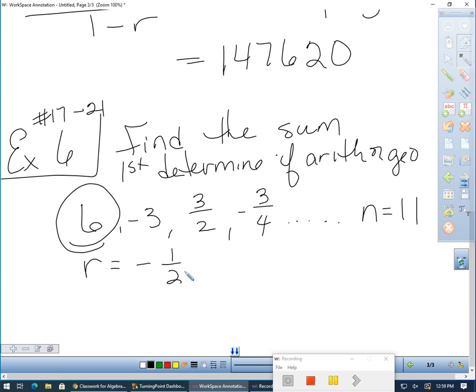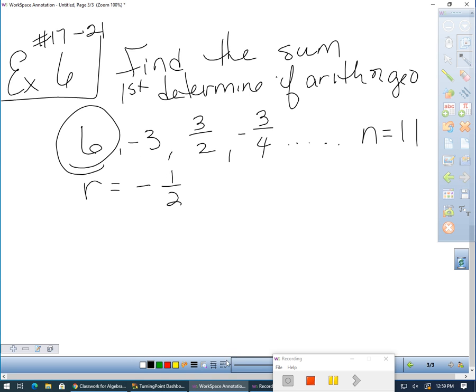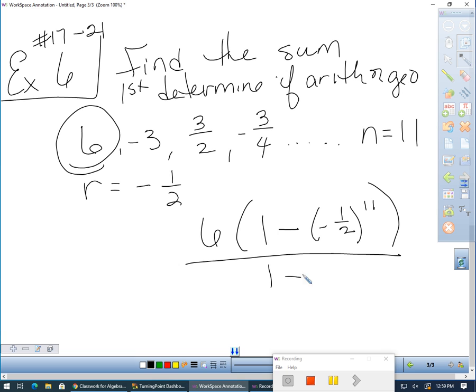So now we're going to plug in our formula. Our formula again is we have our first term times 1 minus our r, which is -1/2, to the 11th, divided by 1 minus our r.